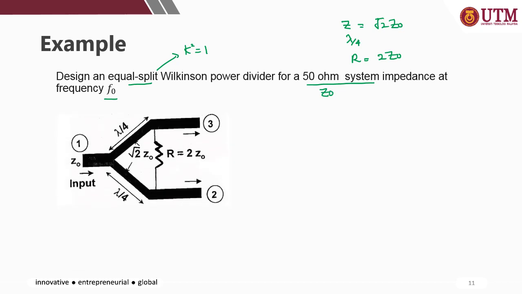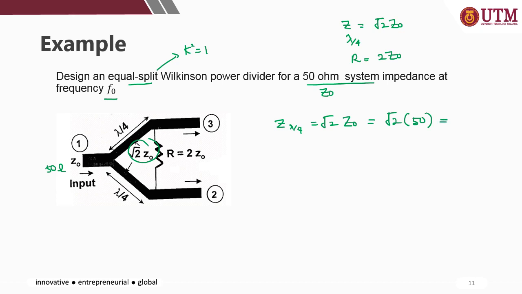Right, so for a perfectly matched Wilkinson power divider, Z0 is given as 50 ohm. In order to design the Wilkinson power divider, we have two parallel lambda over 4 transformers, in which the impedance of each lambda over 4 element equals root 2 Z0, so it is equal to root 2 multiplied by 50.